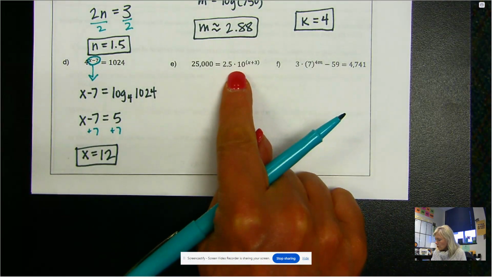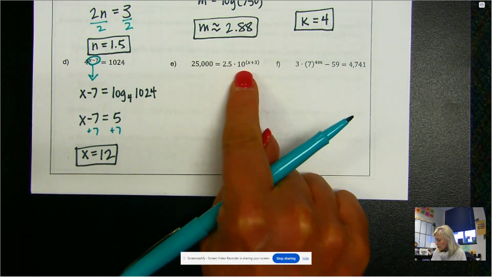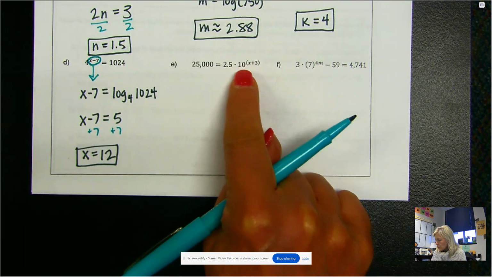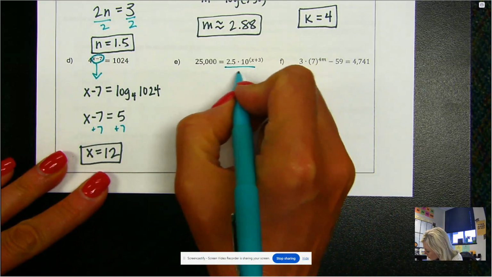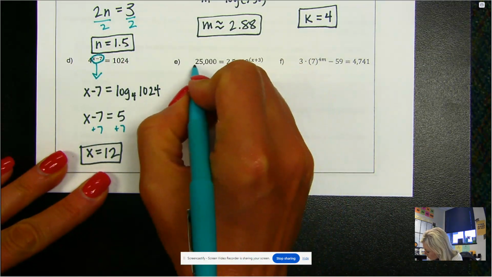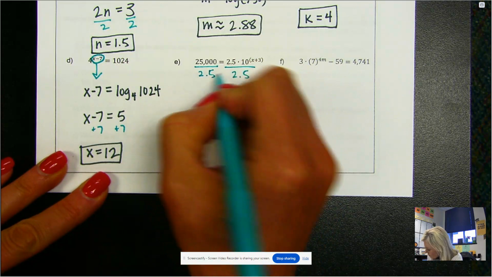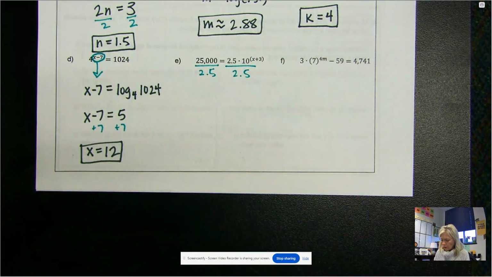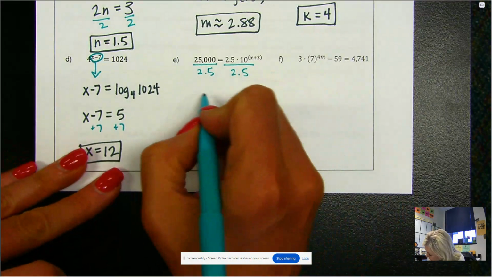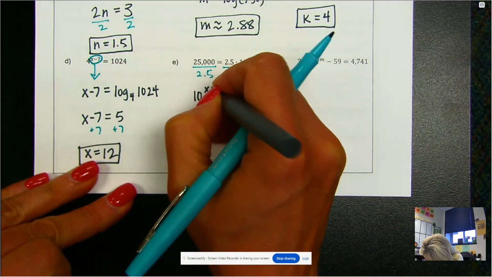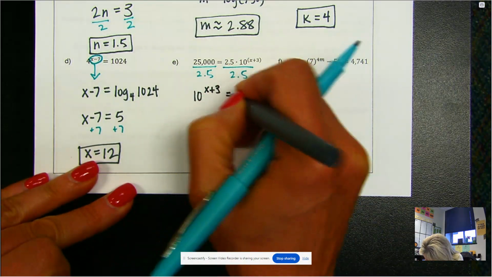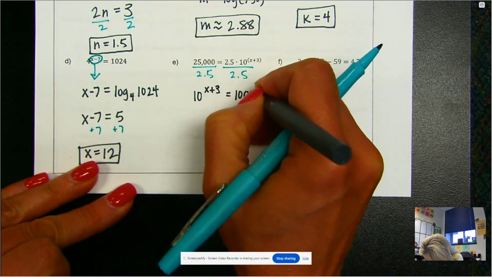All right, our next one, 2.5. Okay, so here we've got 10 to the x plus 3. So that's our base and exponent. So we're going to divide by the 2.5. And 25,000 divided by 2.5, I think is 10,000. Yep, okay. So I get 10 to the x plus 3 is equal to 10,000.